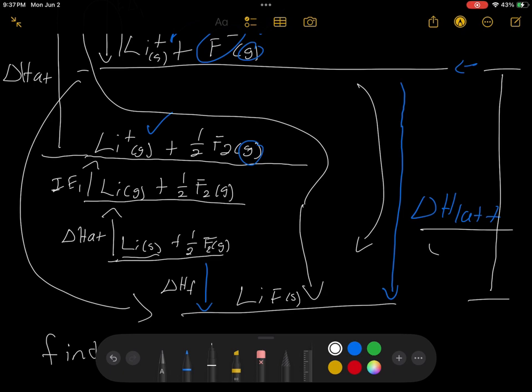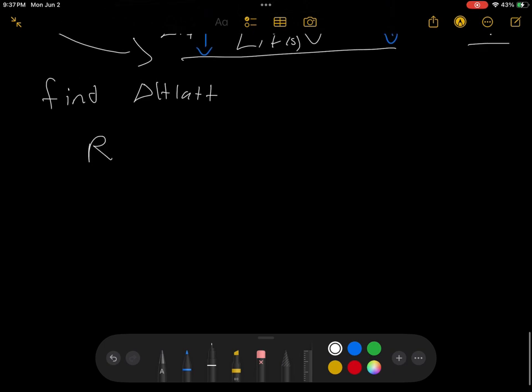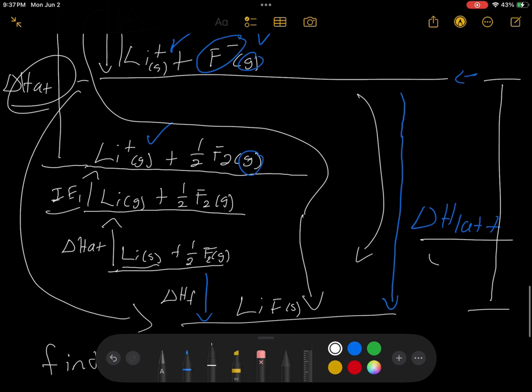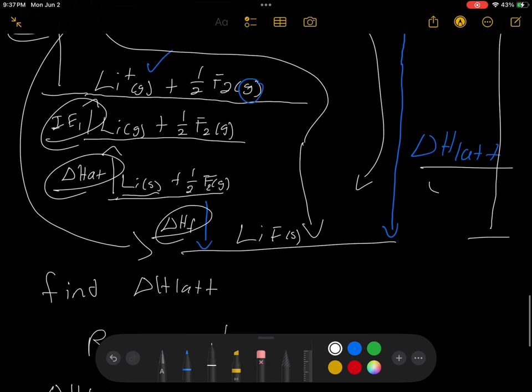So what does that look like mathematically? The path on the right side is equal to the path on the left. The right side path was delta H lat, and the left side path was a combination of steps. It was first electron affinity, then delta H atomization, then ionization energy, another delta H atomization, and then enthalpy of formation.